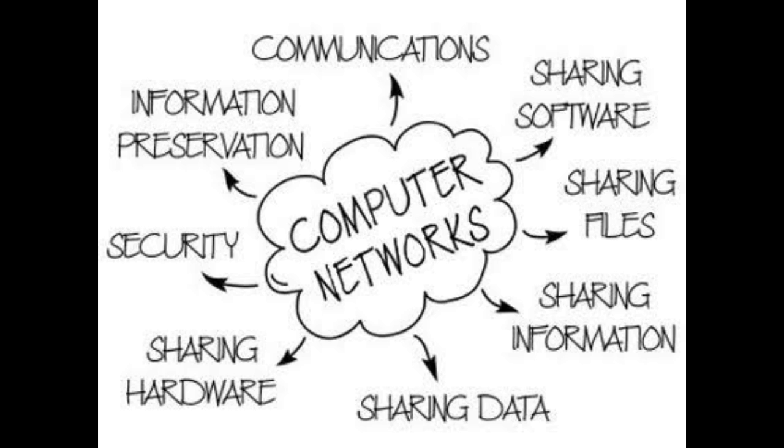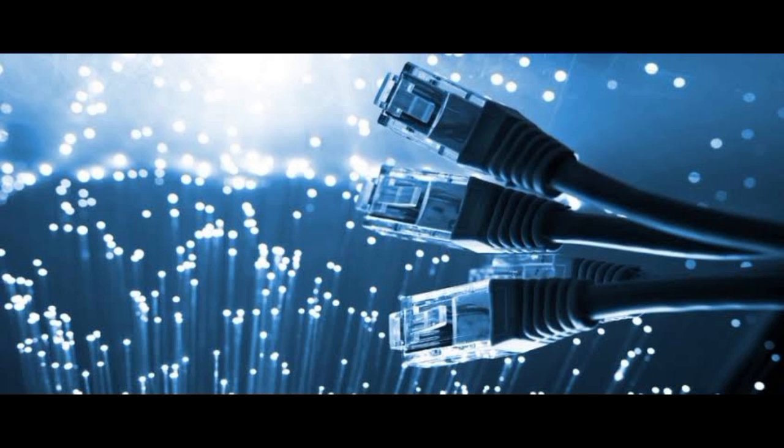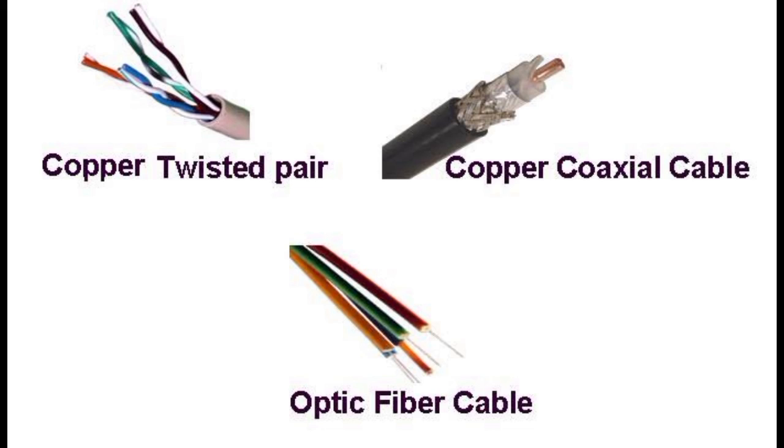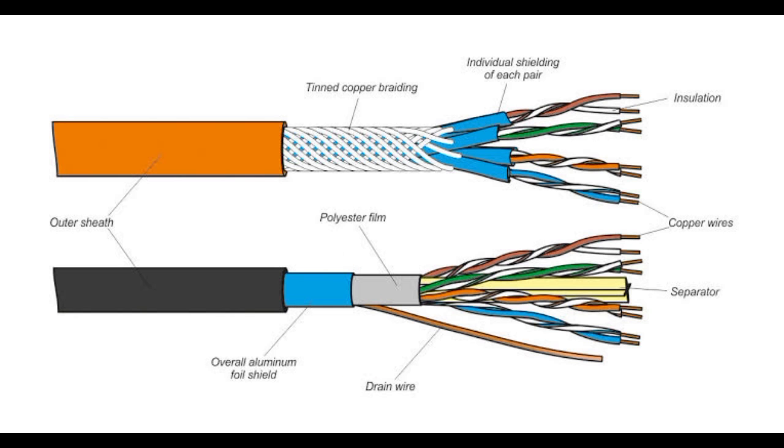Networks basically make use of transmission media. The three major wired media are the twisted pair wire, coaxial cable, and optic fiber. The twisted pair wires are insulated copper wires, also used for ordinary phones.